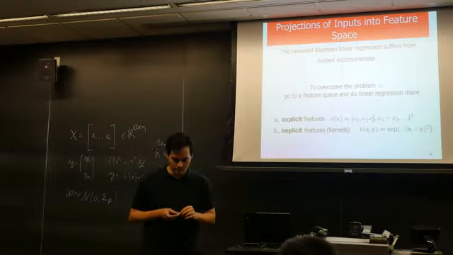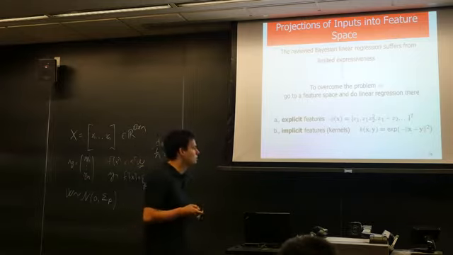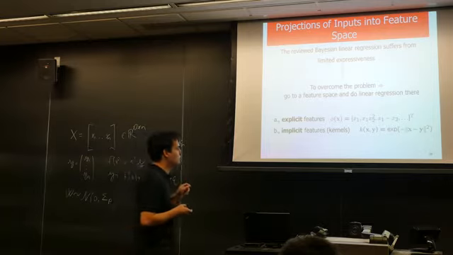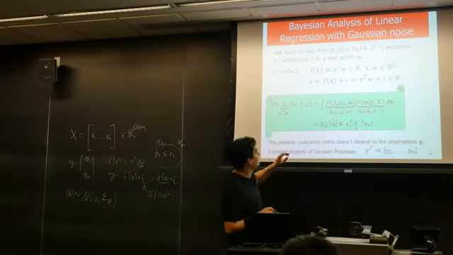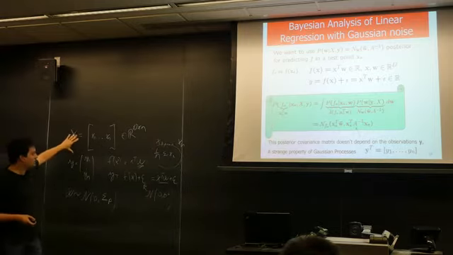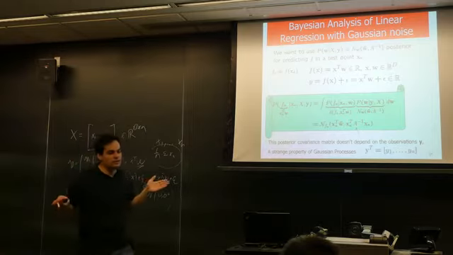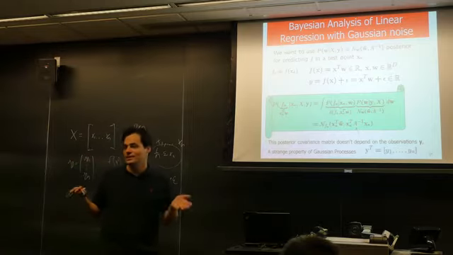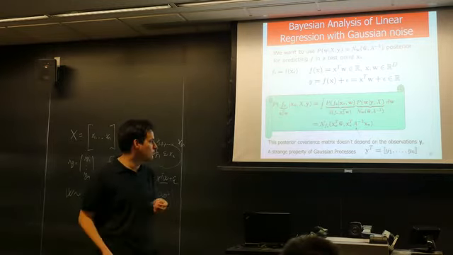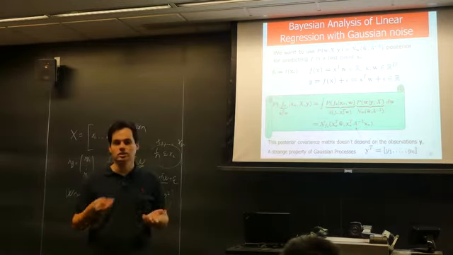Okay, so this is how we do prediction when we have input-output data. These are our input-output data. All that we did was a Bayesian version of linear regression where on the weights w we assume a Gaussian distribution.